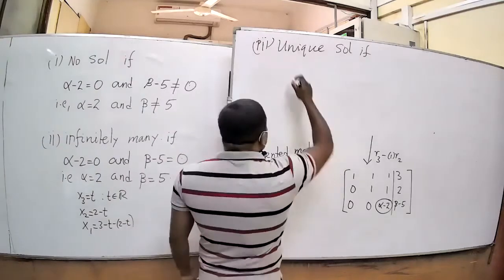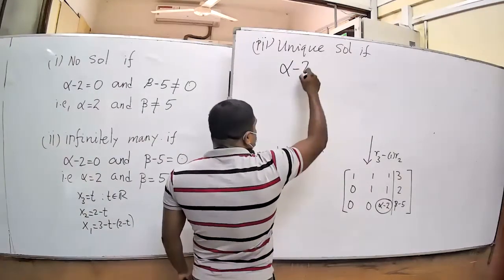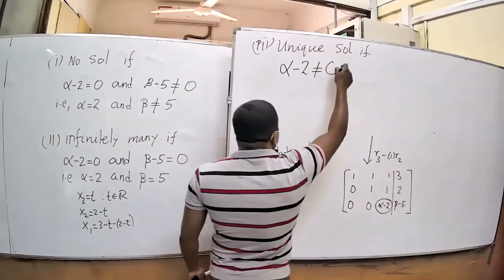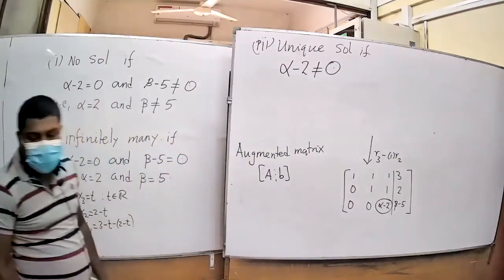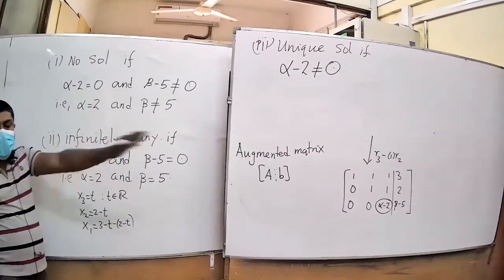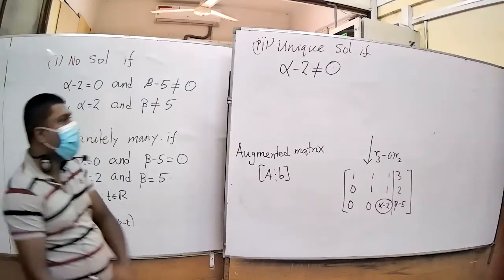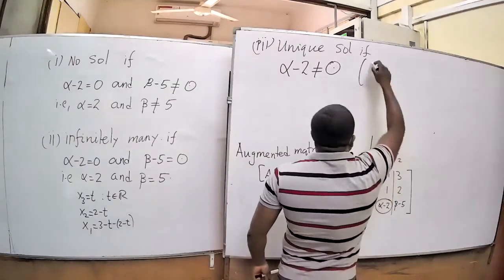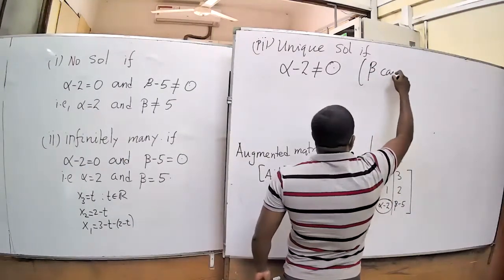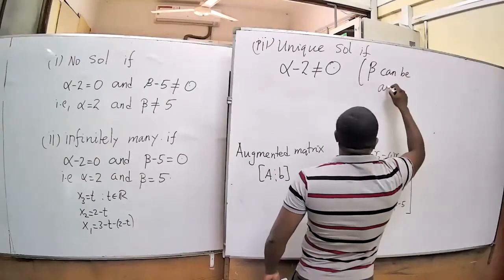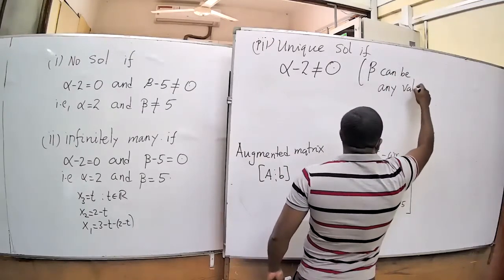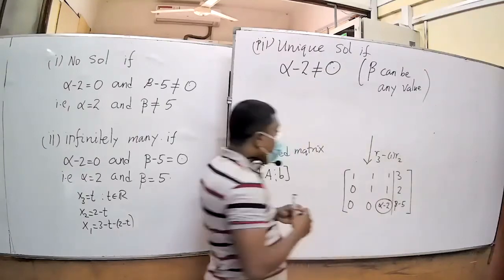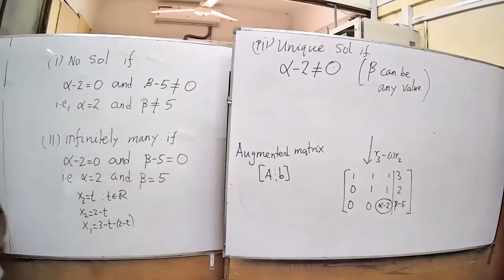So all you need is alpha minus 2 not equal to 0. You don't need to worry about beta. So I put it in brackets: beta can be any value. You don't need to worry about beta in the unique solution case.